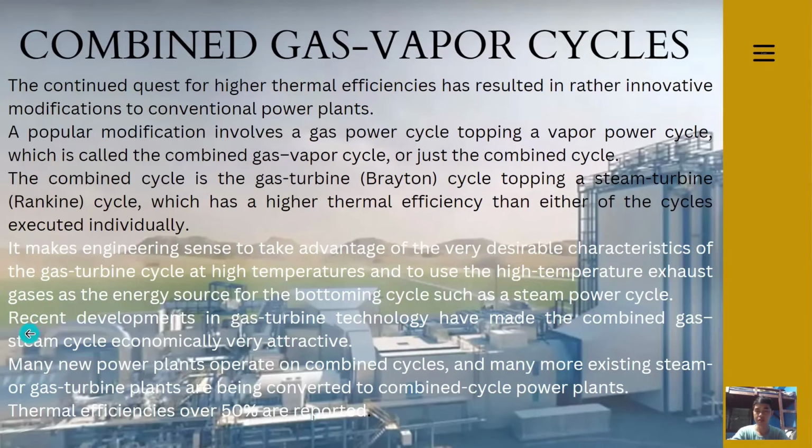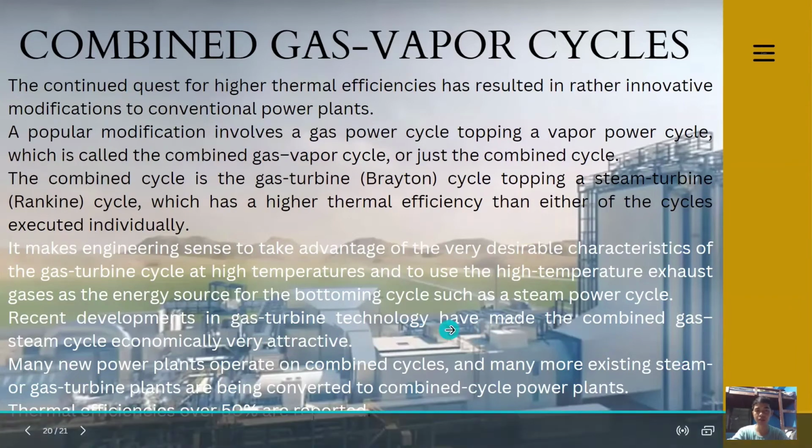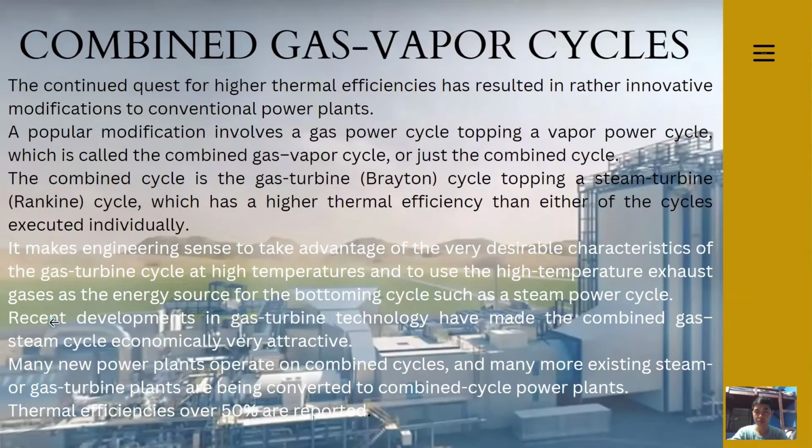The recent developments in gas turbine technology have made the combined gas steam cycle economically very attractive. Many new power plants operate on combined cycles, and many more existing steam or gas turbine plants are being converted to combined cycle power plants. The thermal efficiency is over 50% as reported.